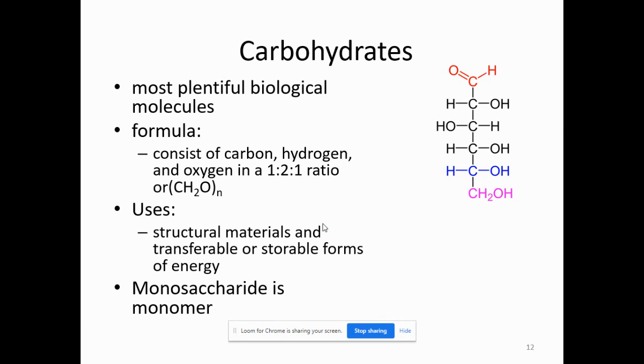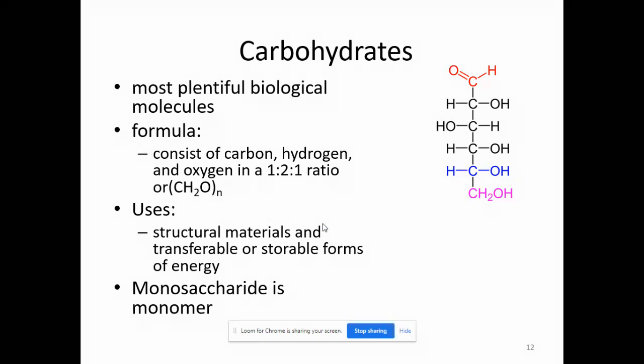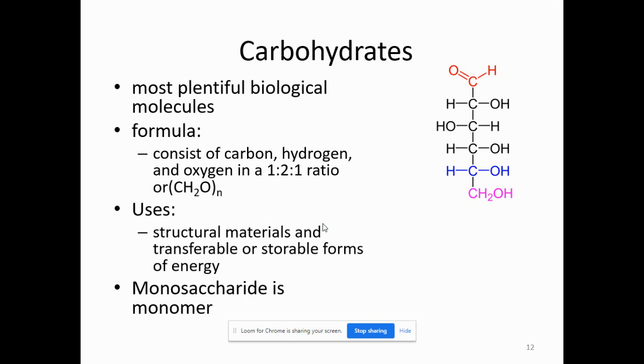What's the monomer? The monomer is a monosaccharide. Very important to note, monosaccharides are the monomers of carbohydrates. If you look at this, this is a glucose molecule. As you can see, there are 6 carbon atoms.